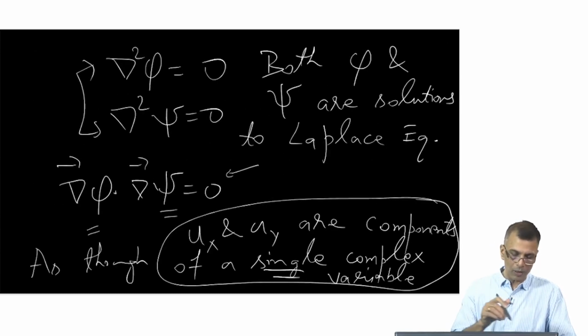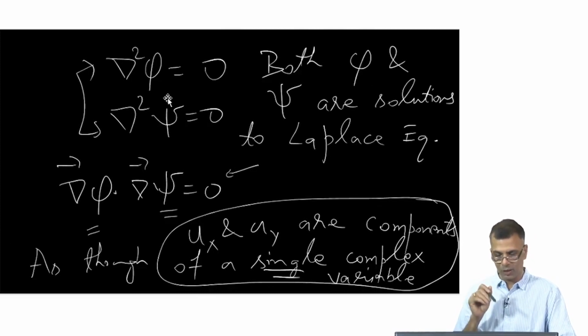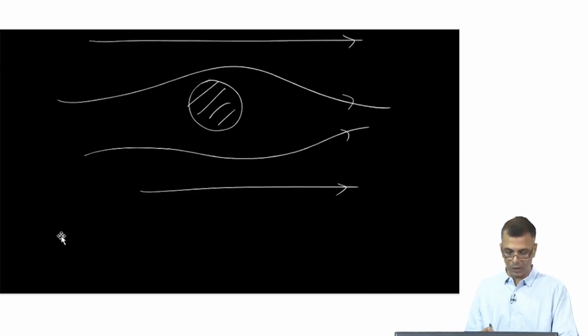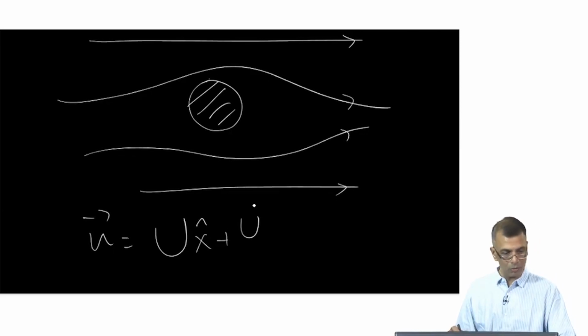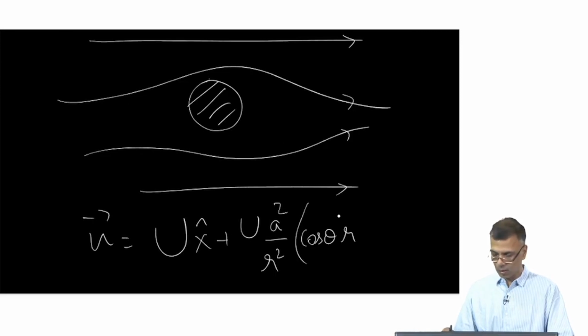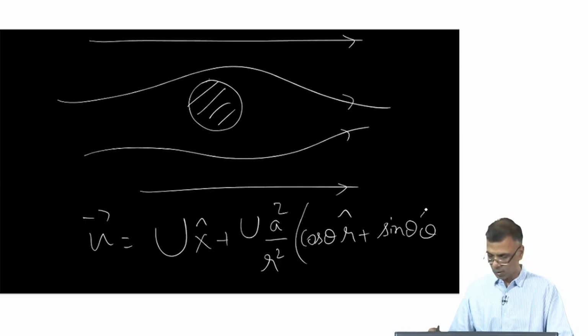And so we need two boundary conditions in order to solve for either this or this. Right, these are second order differential equations. You need two boundary conditions, and these are the two boundary conditions. And it turns out that the solution is something like this, plus u a square over r square, where a is the radius of the sphere, plus, right.